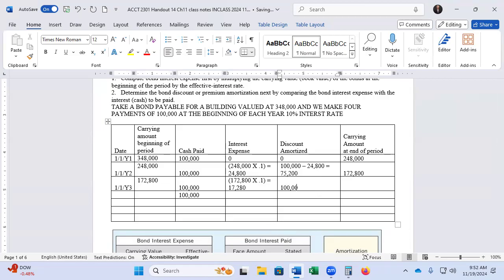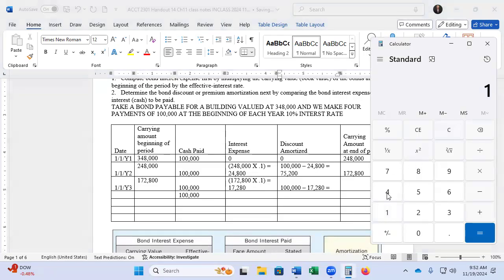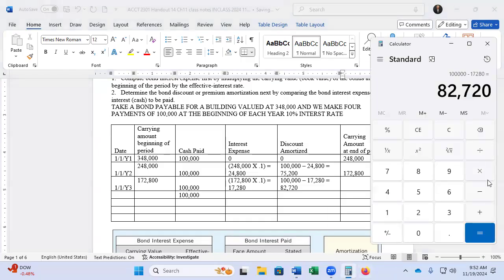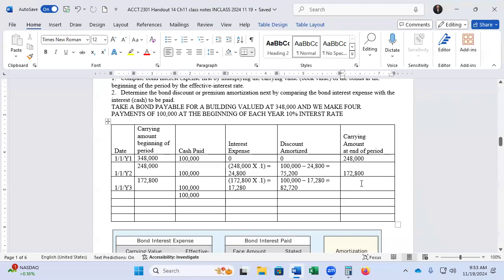So now we have 100,000 minus 17,280. So I get 82,720. So now I'm going to subtract that from the 172,800, and I get 90,080.